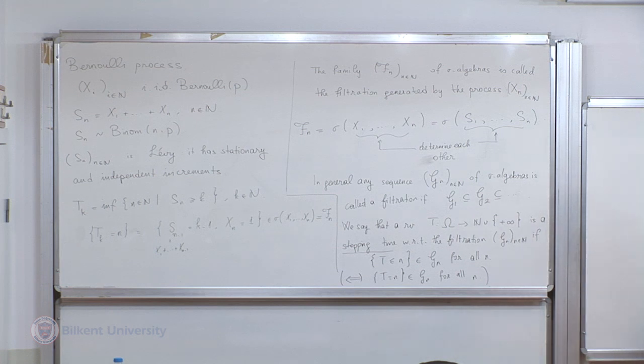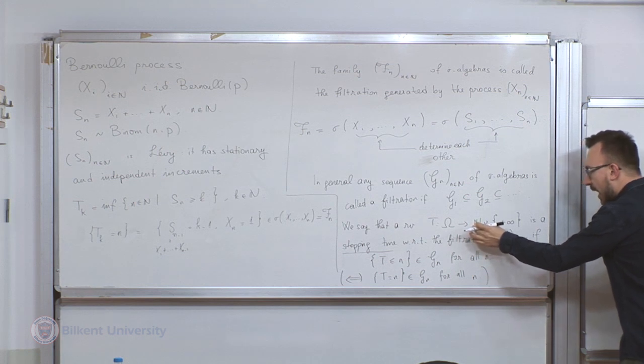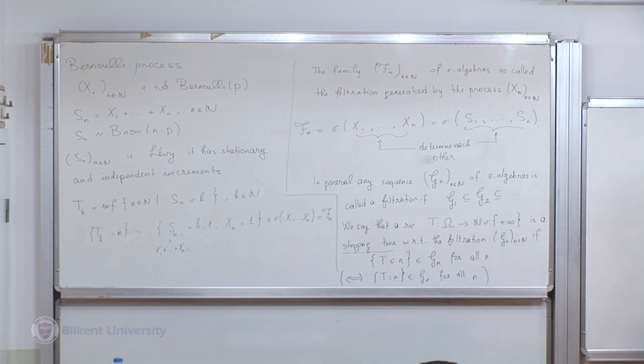So the idea of a stopping time is as follows. A stopping time is a random time, because its values are times, right? So it's the time of something that is random.